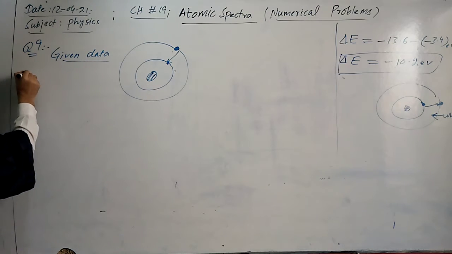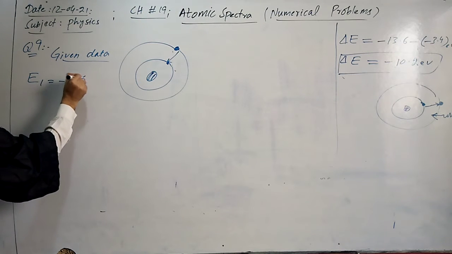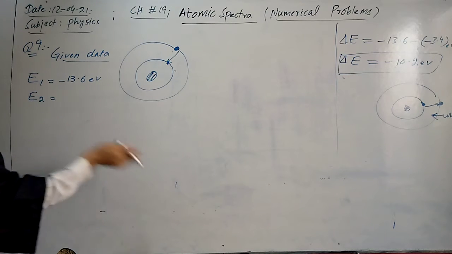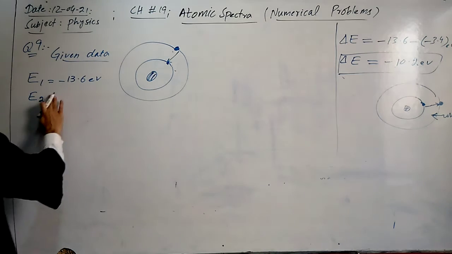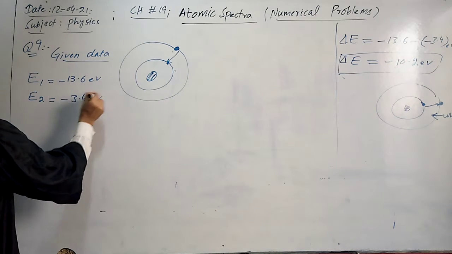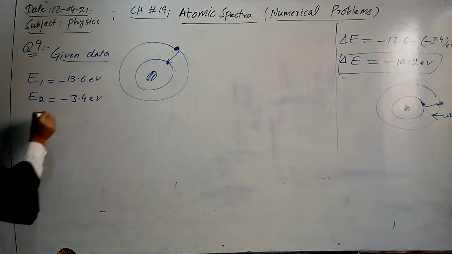We already know that E1, the energy of the first orbit, is equal to minus 13.6 electron volt. Similarly, recently we calculated the value of E2, the energy of the second orbit, which is minus 3.4 electron volt. Now here we will calculate these three things. What is required?